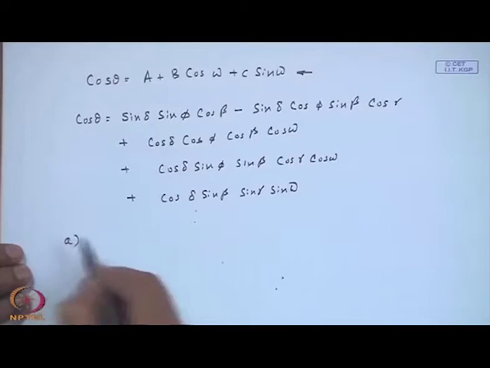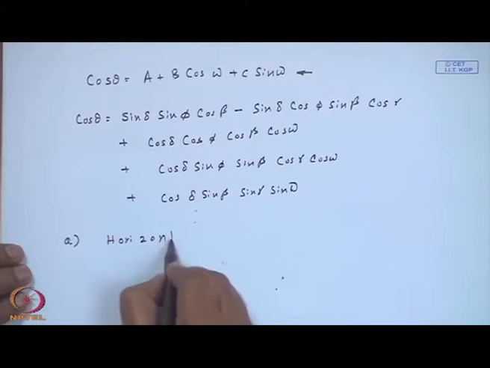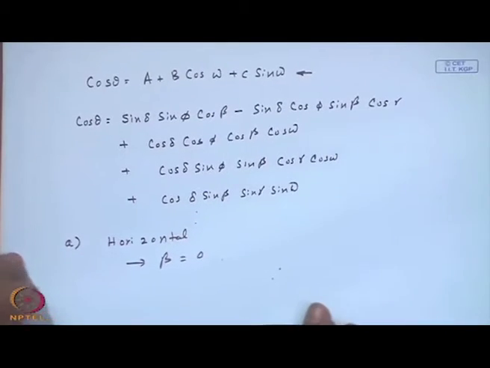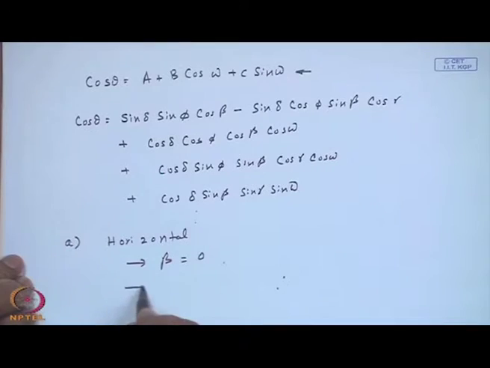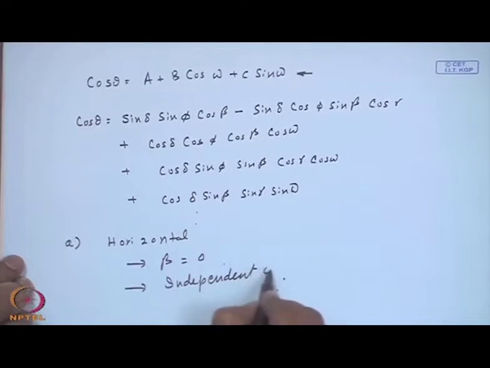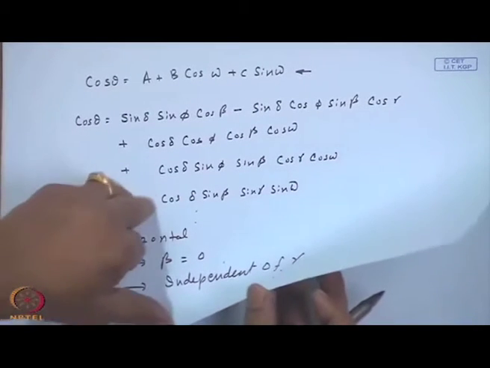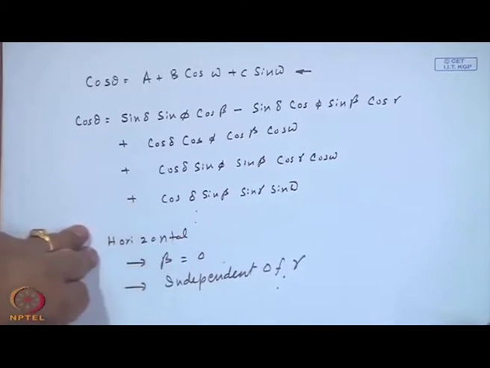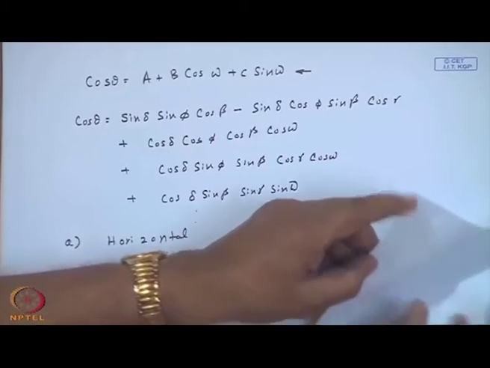So, a horizontal surface, right. What we can have is beta is 0. This also becomes automatically independent of gamma. If you have a horizontal surface, the outer normal will be the zenith, and the projection of that on a horizontal plane will be only a point. Consequently, it should not depend upon the azimuthal angle.